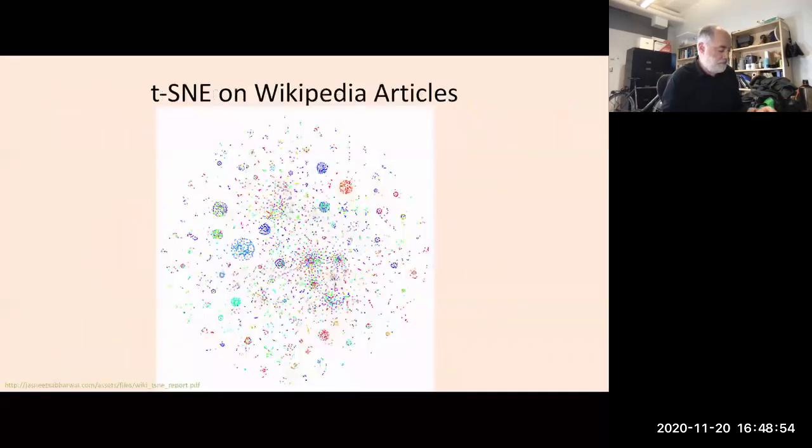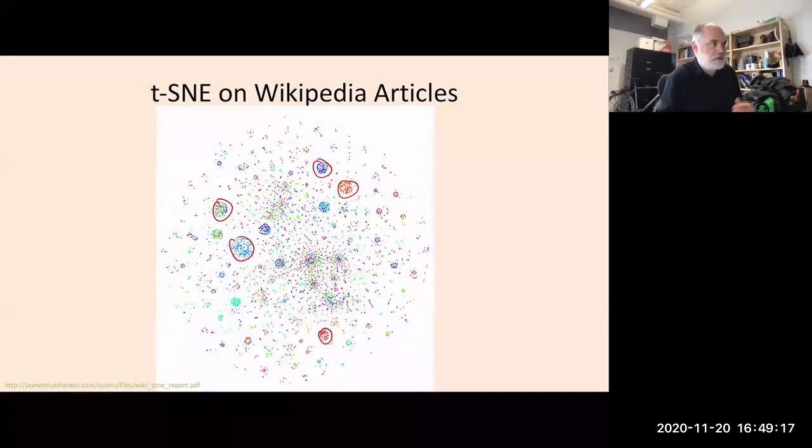So cool. If you take t-SNE and you run it on, say, for instance, Wikipedia articles about war represented in bag of words representation, you get identifiable clusters corresponding to different events.